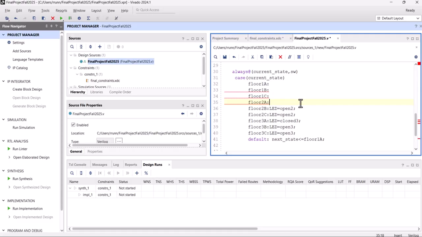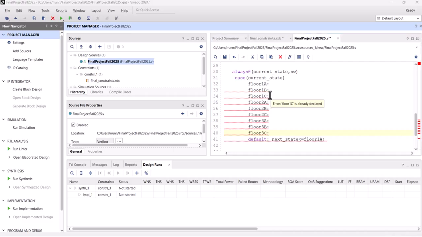So, for instance, in ours, if you were on floor 1B, your next state, regardless of anything that was going on, was floor 1C, if I recall.